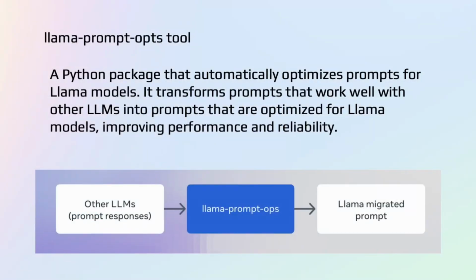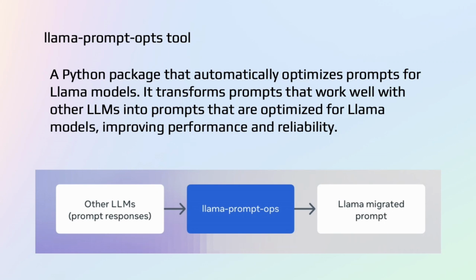Llama Prompt Ops tool is a Python package that automatically optimizes prompts tailored for Llama models. It is particularly useful for transforming prompts that work well with other LLMs into prompts that are optimized for Llama models, improving performance and reliability of those.